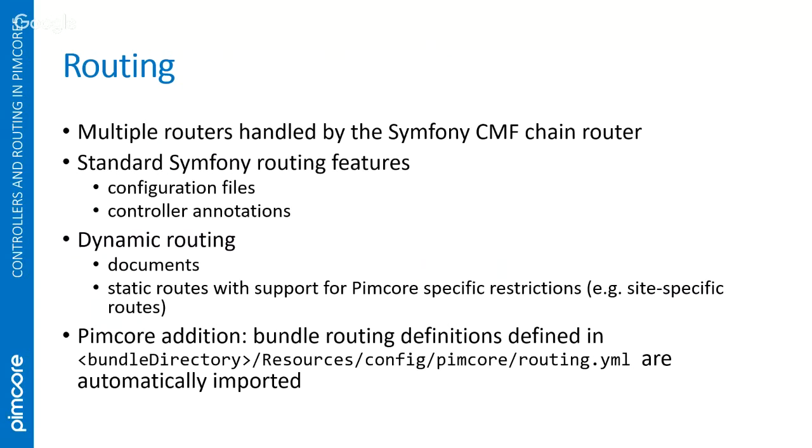Symfony doesn't do this by default because they want to leave all the control to the developer. But for Pimcore bundles, this makes sense as they hook into an already working system, contrary to Symfony, which is a framework. So you can have a search bundle, for example, which exposes some standard search routes, and these can be automatically configured by your bundle. So as soon as this bundle is activated, the routes will be available.